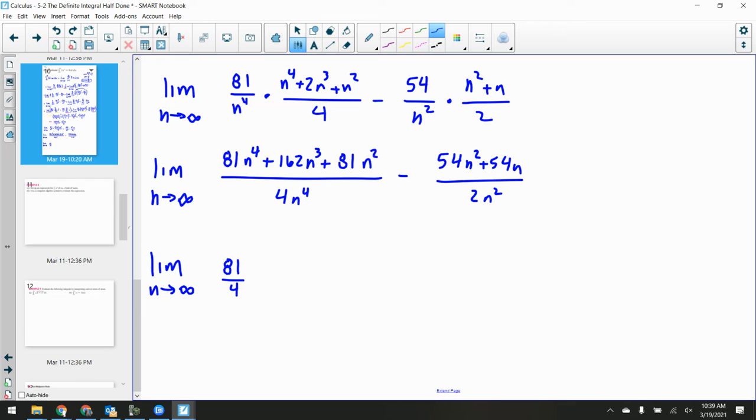I'm going to do the same thing here, but this gets me 162 divided by 4. That should be 81 over 2, and then an n sitting left over on the bottom. This is going to be 81 over 4, and n squared over n to the 4th is going to be n squared sitting in the bottom. All I'm doing here is taking the denominator to each piece of the numerator.